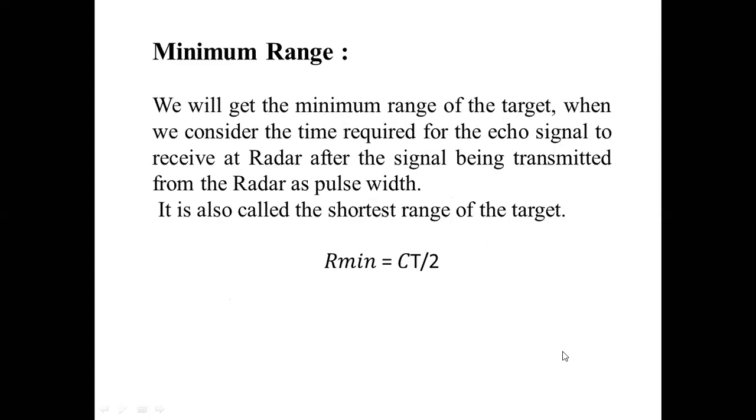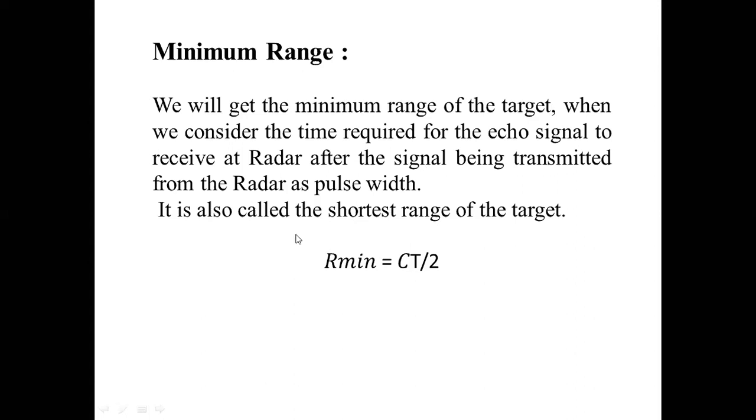Next, minimum range. What is the difference between the minimum range and the maximum range? We get the minimum range of the target from the time required for the echo signal to be received at the radar after the signal is transmitted.